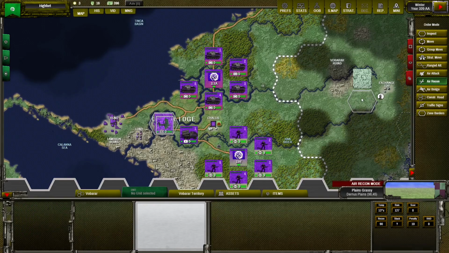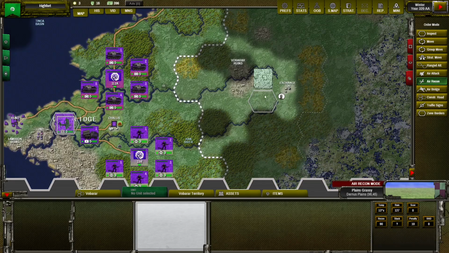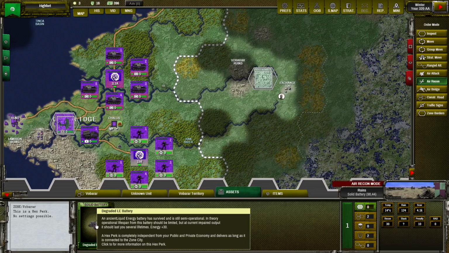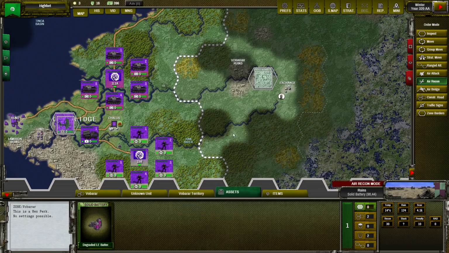So here you can see we have recon 90, but here we have 31, and here we have 20. This recon mission gave us quite interesting information: here there is some hex perk, in this case a trade point, and here there are some enemy units and also another hex perk which will give us energy. So this is very important information.